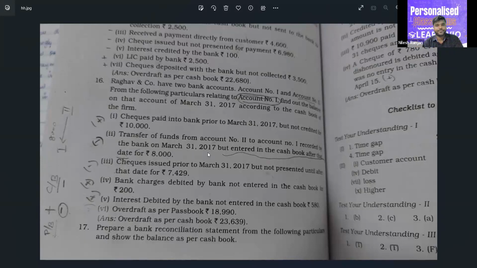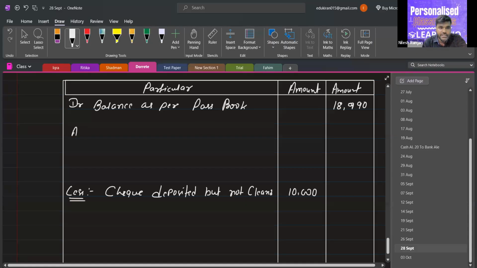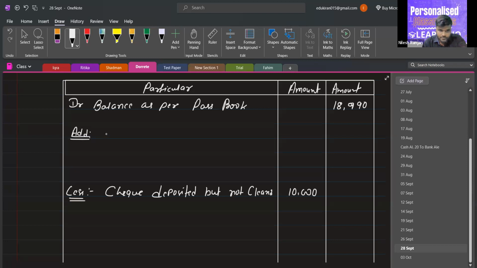Yes, sir. But the balance is negative, so we will write it in the add column. It's negative, so we add it in the add column, because due to negative balance, the impact will change.